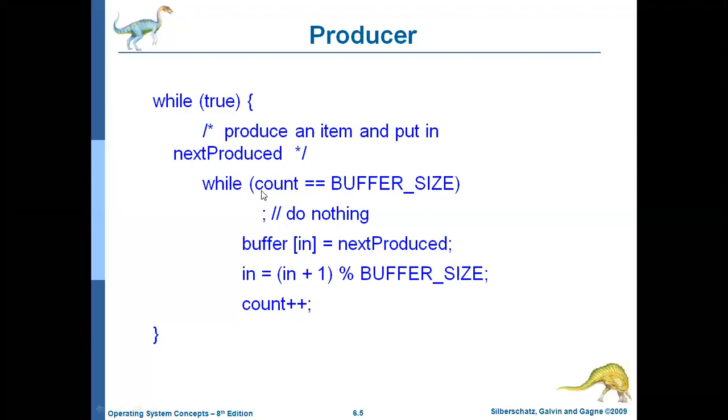Again you move to this location. 3 equal to 5? No. Buffer of 3 equal to next produced. And then in equal to in plus 1 modulo division buffer size. That means it will be incremented to 4. Count is also incremented to 4. Like that, next, 4 equal to 5? No. Buffer of 4 equal to next produced.